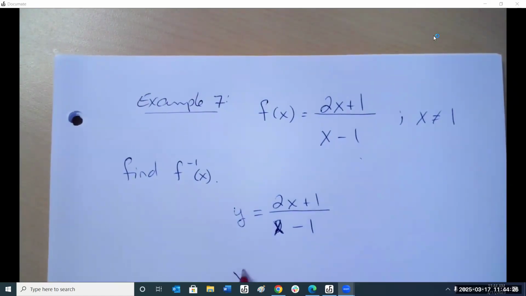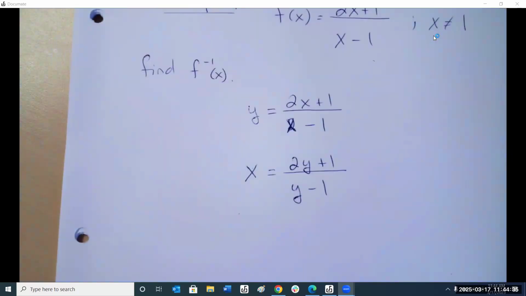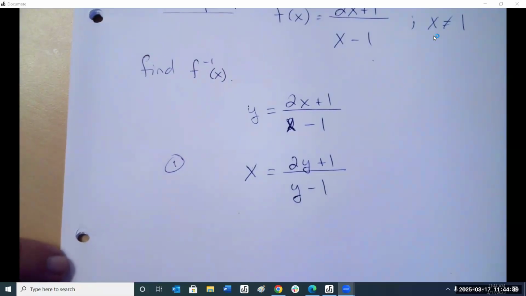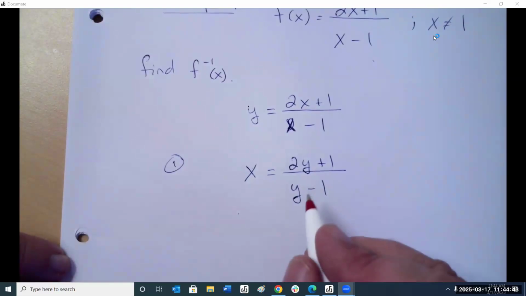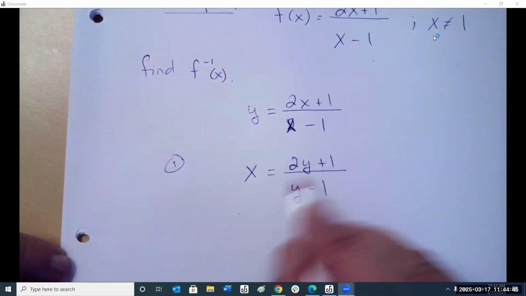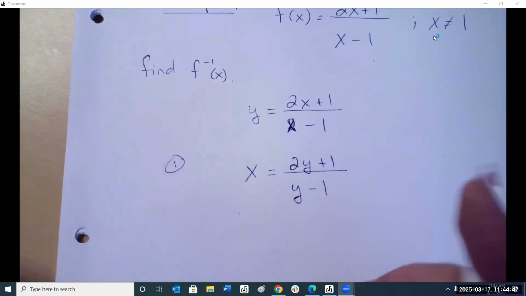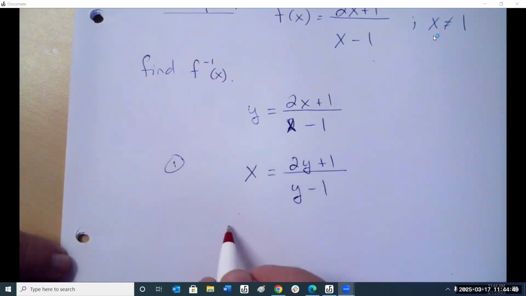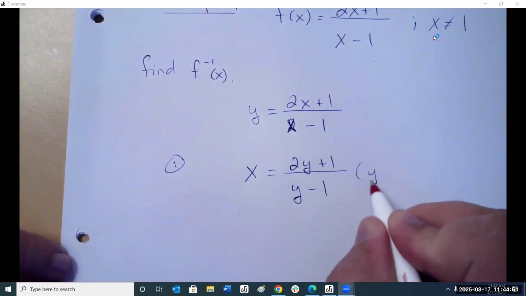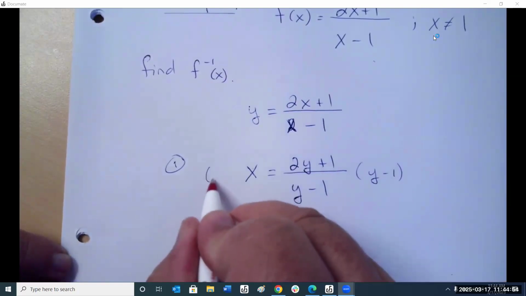First thing you have to do is switch x and y. That's step 1. Step 2 is solve for y. So we have to get rid of the fraction. Whenever you have fractions and an equal sign, get rid of those. So we multiply both sides by y minus 1.